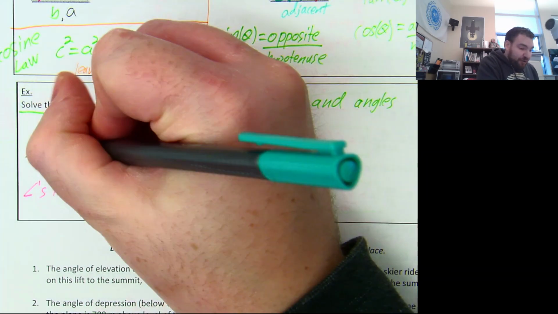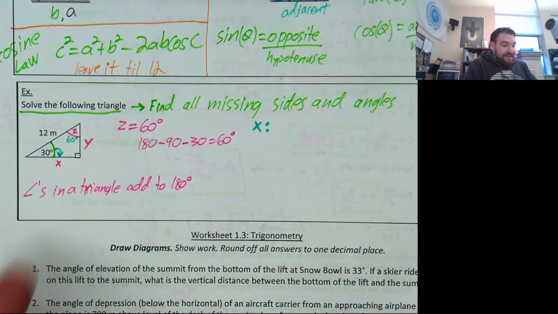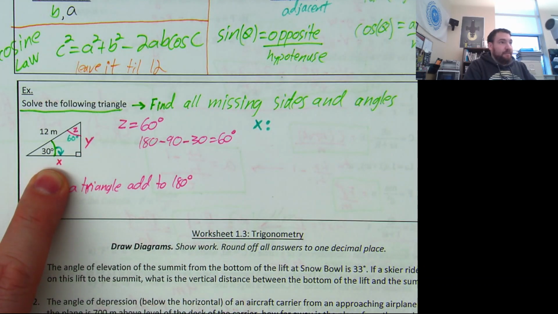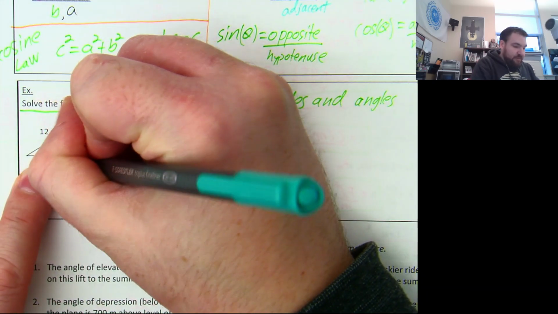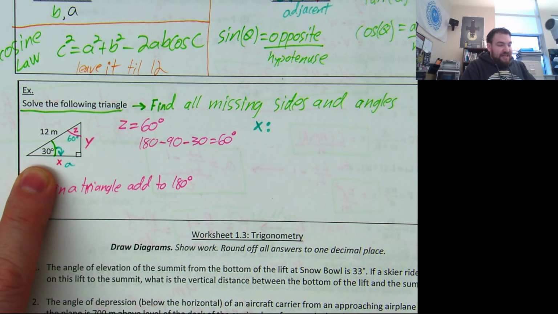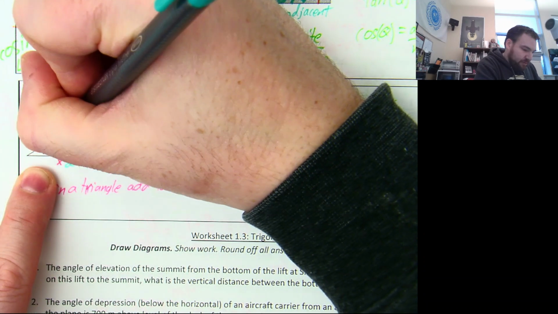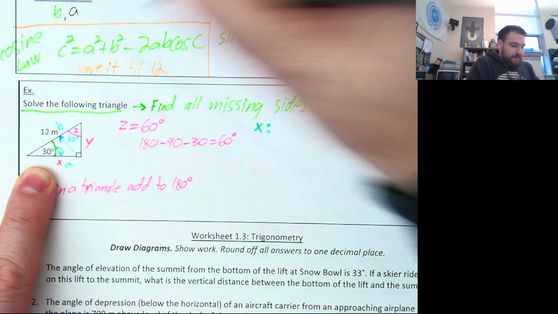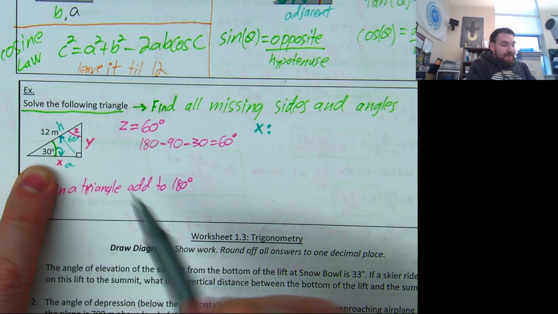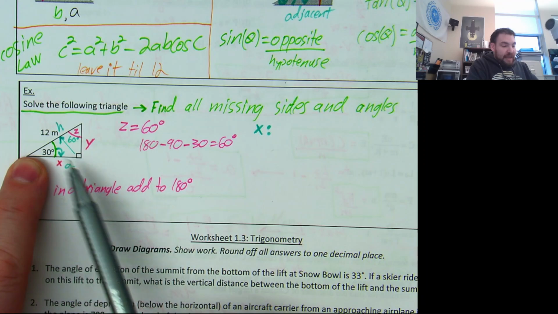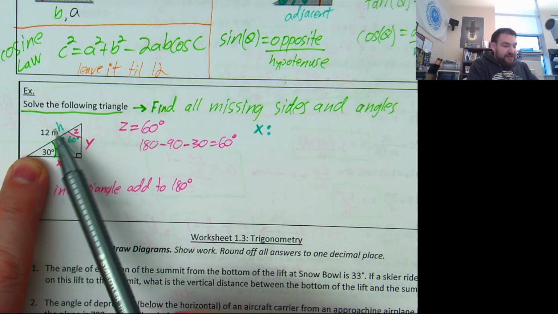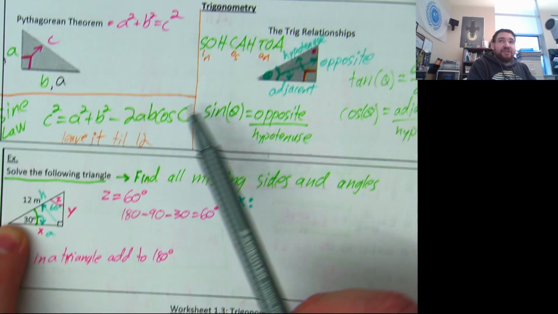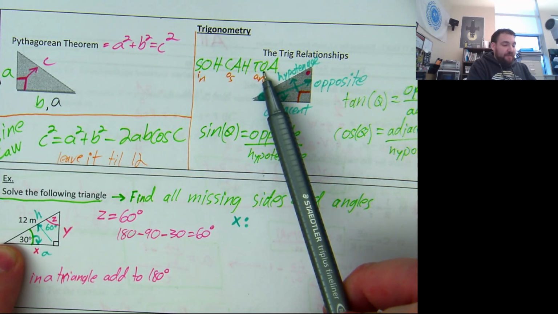If I'm using the 30, then side x is what side? Yes, someone said adjacent. And then what's the other known side in this triangle? The hypotenuse. So then if I'm using the 30, x becomes my adjacent, h is my hypotenuse. Which of these three trig ratios do I have to use to solve for x?